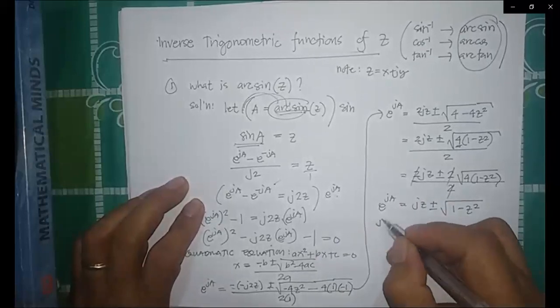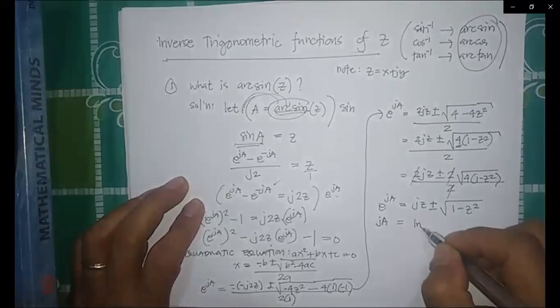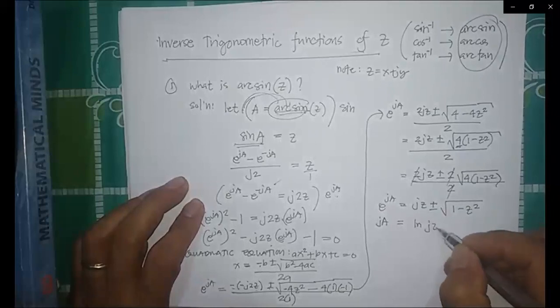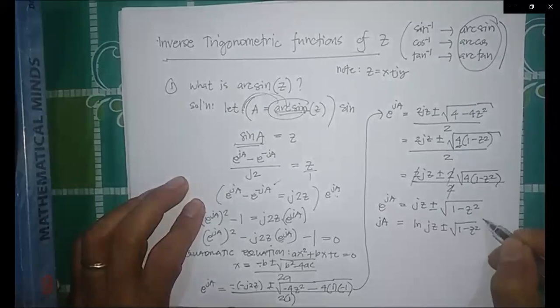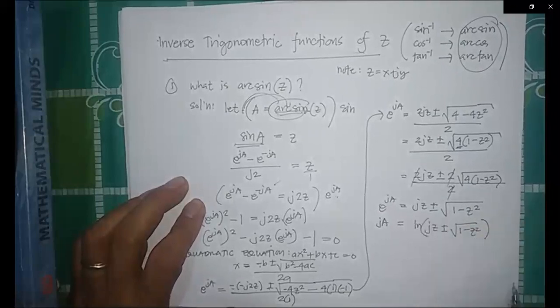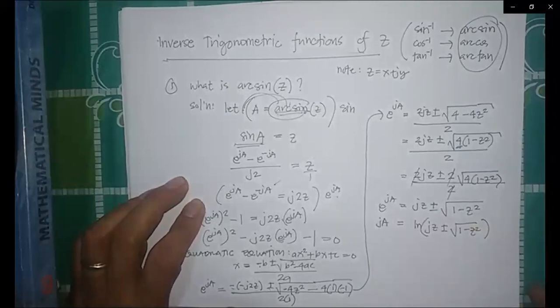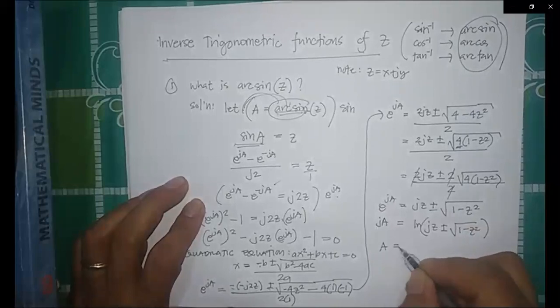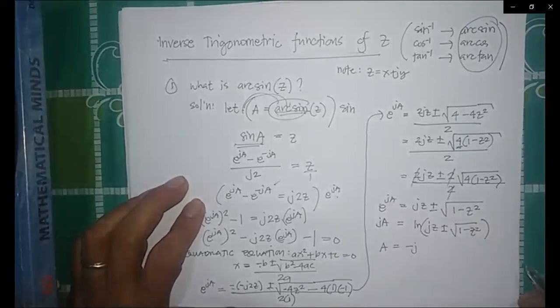So therefore, if you take the logarithm of both sides of the equation, on the left, the result will be ja times ln of e. Since ln e is equal to 1, it will just be ja. And of course, that is the logarithm for the other side of the equation. Now, if we divide the whole equation by j, take note, 1 over j is equal to negative j.